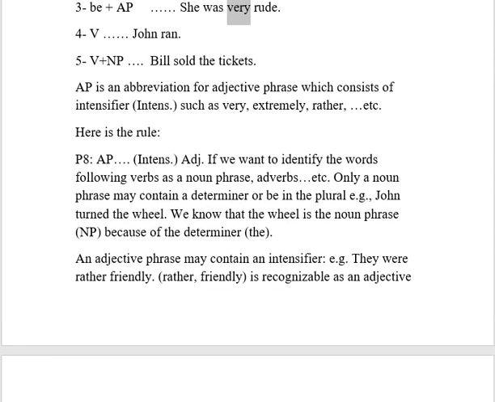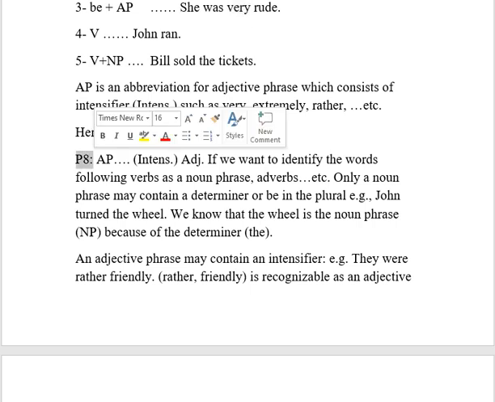Here is a rule, phrase structure 8: adjective phrase, intensifier, adjective.